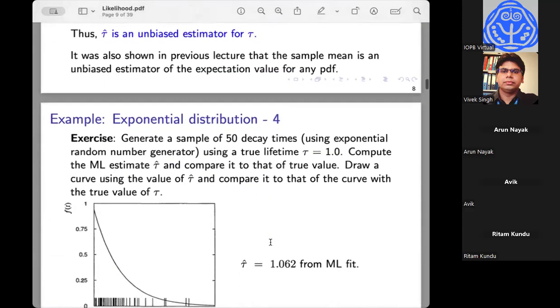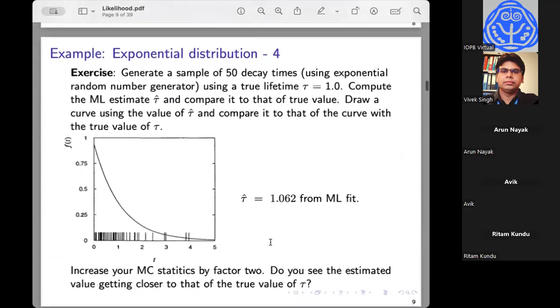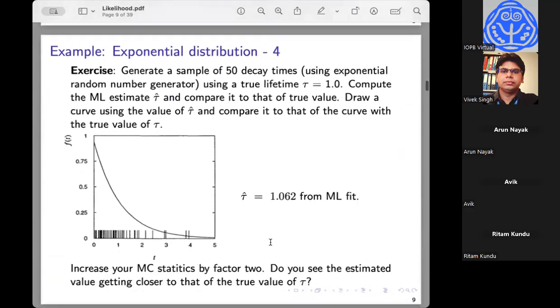Now we can do the same thing, but instead of doing it analytically, let's do a Monte Carlo simulation and do the fitting.